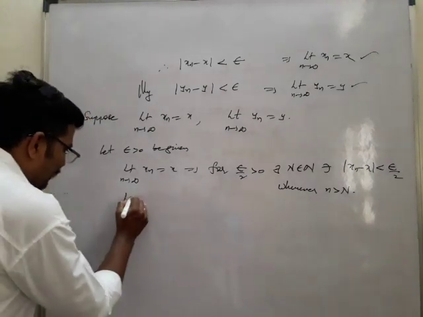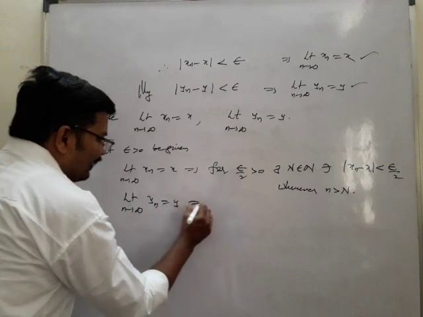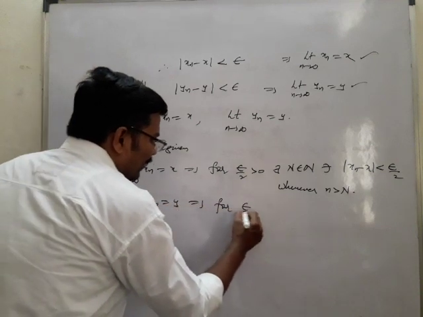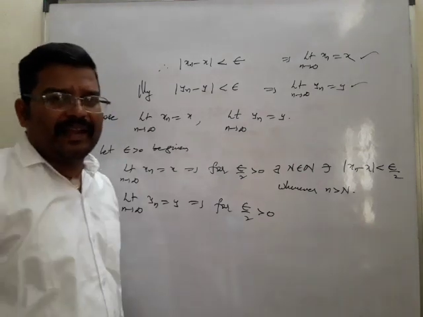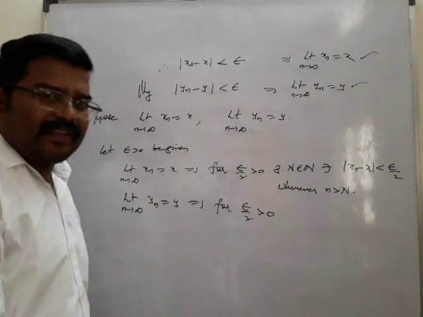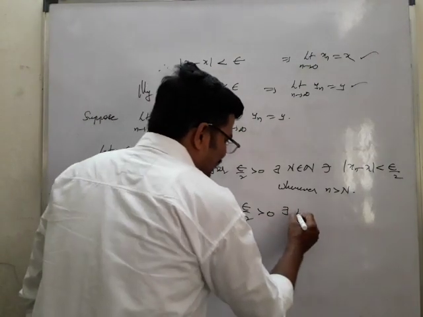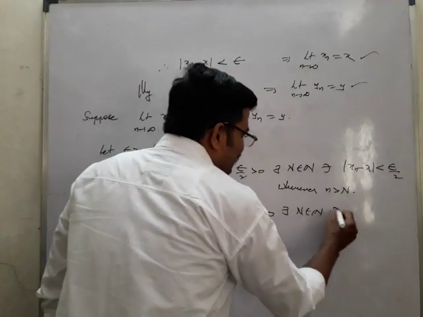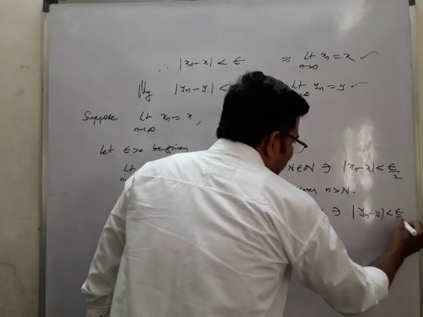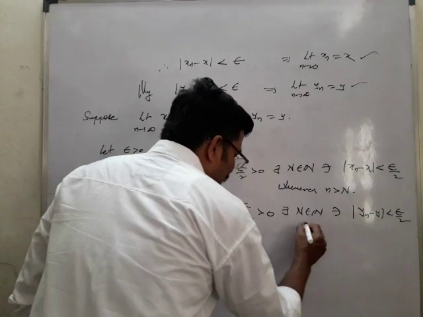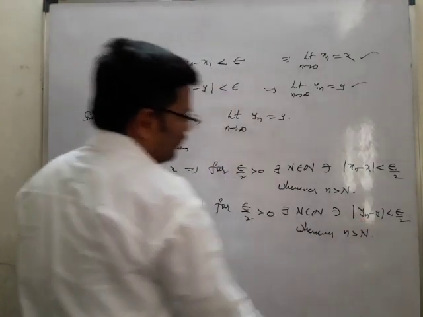In the same manner, limit as n tends to infinity, yn is equal to y, that implies for epsilon by 2 greater than 0, I am just taking epsilon by 2, it's an arbitrary value, we can choose anything very small, there exists n belongs to N such that mod yn minus y is less than epsilon by 2 whenever n is greater than the small n.